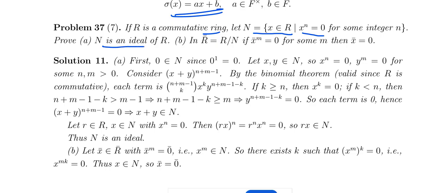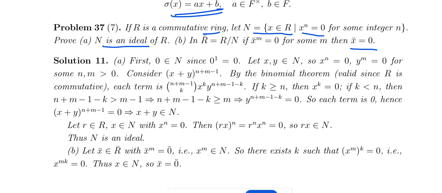Here N is an ideal of R, and R by N has no nonzero nilpotents: if x bar power m equals 0 for some m in R by N, then x bar equals 0. So N is the collection of elements from R with the condition x power n equals 0 for some integer n. I will try to prove that N is an ideal of R.